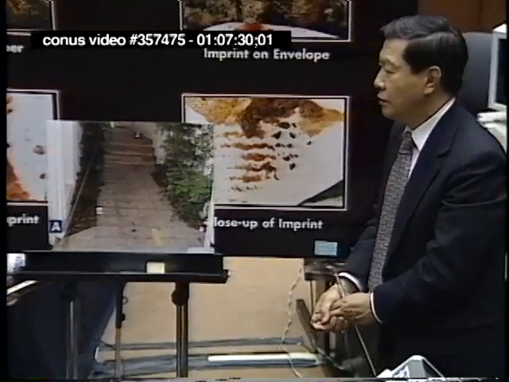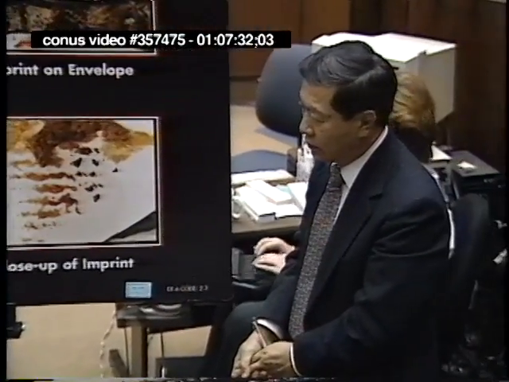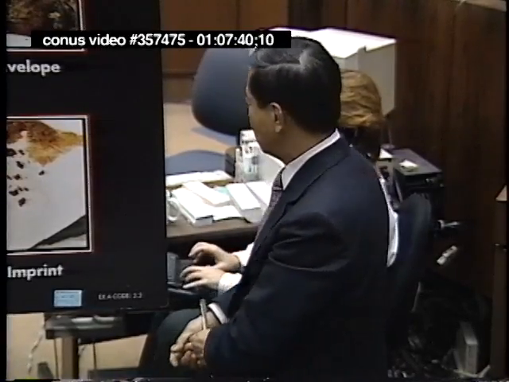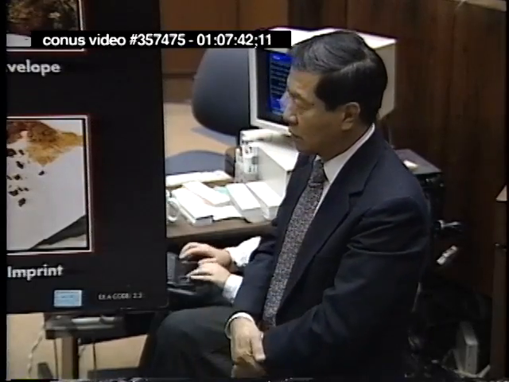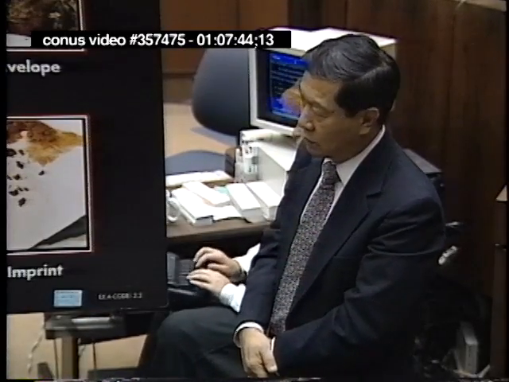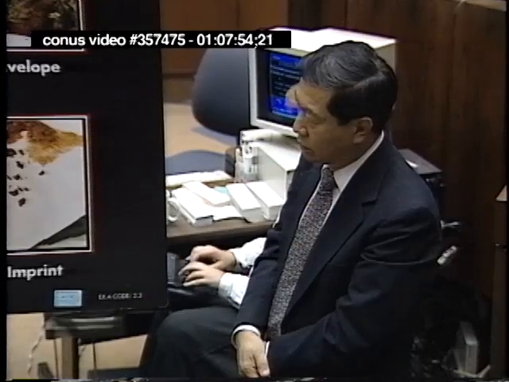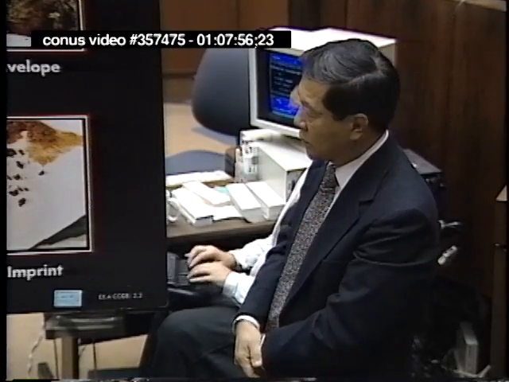Now, you were asked questions about how you took photographs and visualized imprint evidence on June 25th. Do you recall those? Yes, sir. Overbroad. Now, if you had more time, what techniques could you have used with respect to photographing imprint evidence? Same objections.